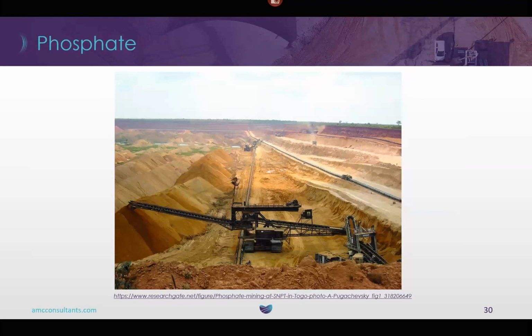But probably more of interest to us as geologists is we're now getting onto the current rock type stuff. So phosphate, this is a phosphate operation in Togo, which I visited. Large operation, government controlled, has a number of unique characteristics to it. It is high in cadmium, so heavy metal, you can't extract it, it goes into the body and it builds up.